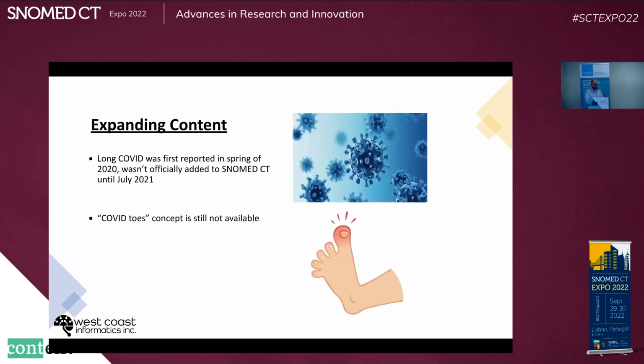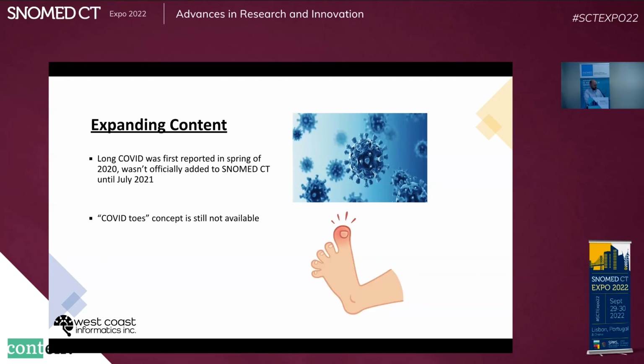Expanding content is a lot easier with a smaller set. If you have a targeted set of data, it's much easier to find gaps, and you can find things that are missing. And then you can go out to the broader SNOMED, broader LOINC, and so on, and try to find those codes if they are missing. And if not, you can create them much faster. So for example, long COVID was first reported in the spring of 2020, but it wasn't officially added to SNOMED until July 2021.